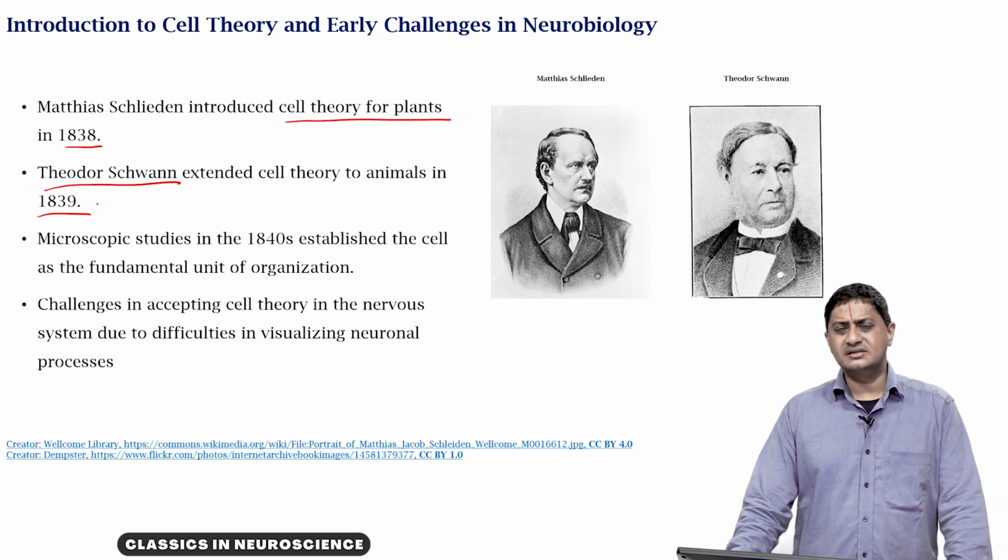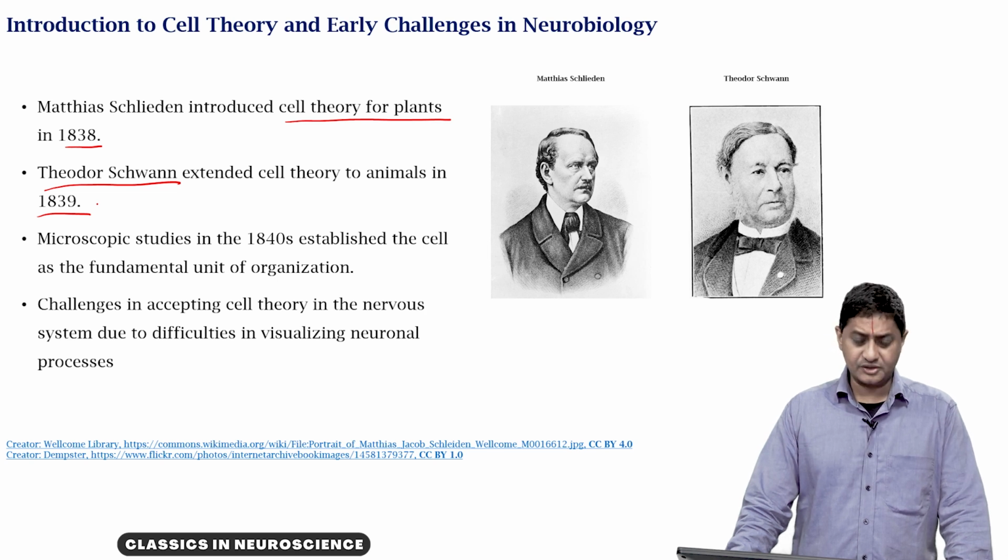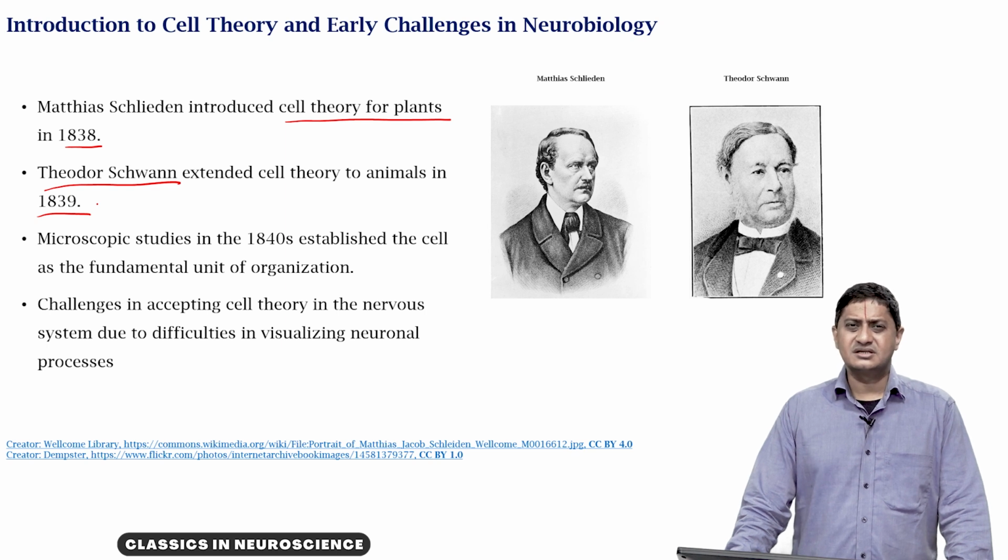This started a whole series of microscopic studies in the 1840s, establishing the cell as the fundamental unit of the biological system. This was shown to be true in many systems, but somehow acceptance of the cell theory in the nervous system was not so forthcoming.